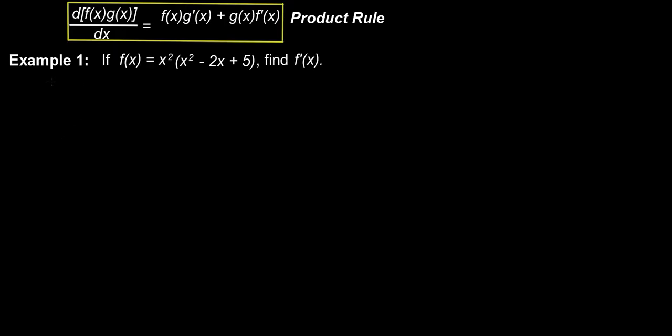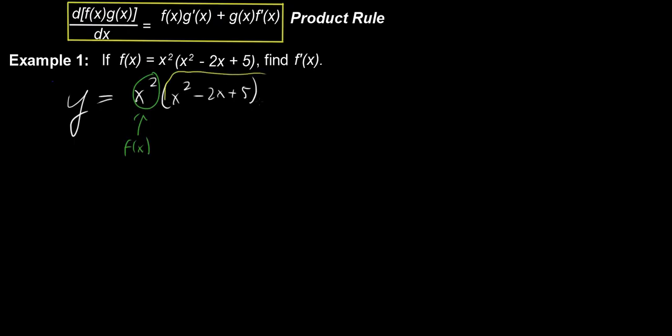So to make my life simple, I'm going to say, I don't write in blue. I'm going to say that y is equal to x squared times the quantity x squared minus 2x plus 5. And I'm going to label some stuff. I'm going to call this first piece f of x. And I will call this second piece, what's in my paren, g of x.